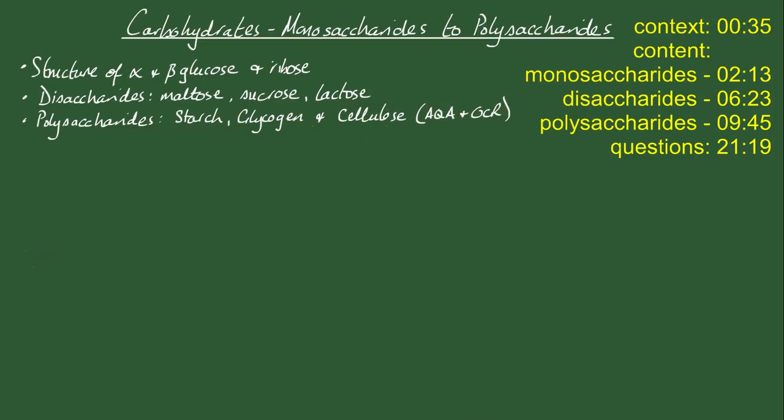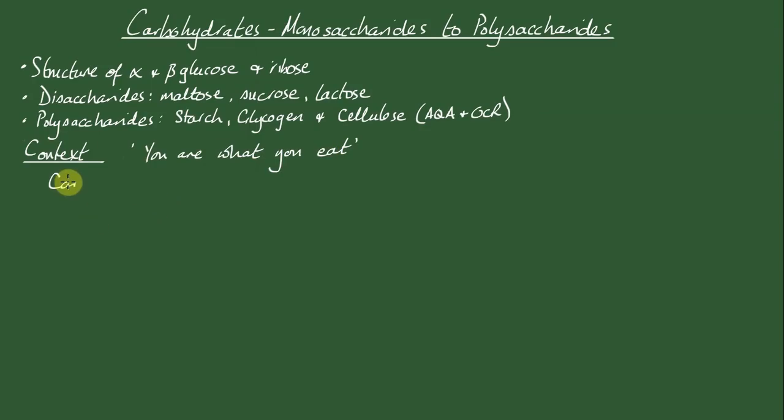First, a little bit of context. I've entitled this "You Are What You Eat" because here I am trying to make the connection between the biomolecules that you have to learn about at A level and our diet. Those groups of molecules that you will have learnt about in GCSE biology and in your food lessons.